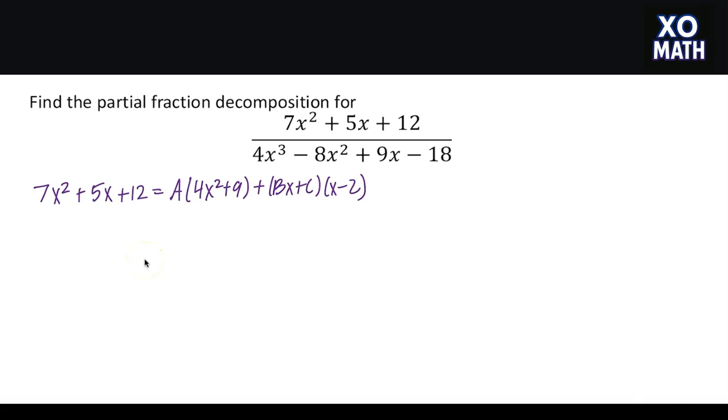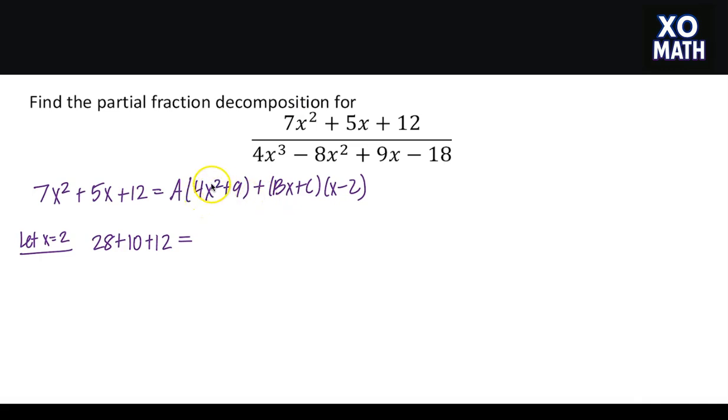Now on this one, we're going to use a combination of the two techniques. We are going to start by letting x equal 2 because that will zero out an entire term. So if I let x equal 2, then on the left hand side, I'm going to have 2 squared is 4, 4 times 7 is 28, plus 2 times 5 is 10, plus 12, is equal to, again, this second term zeroes out, so we're just plugging 2 in here.